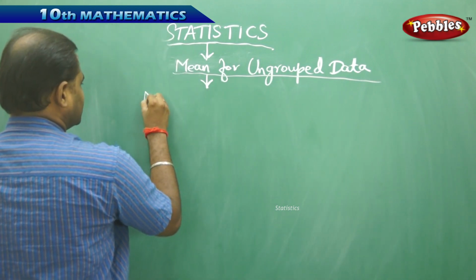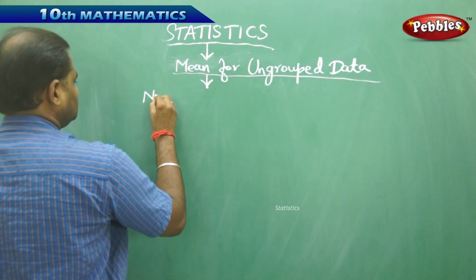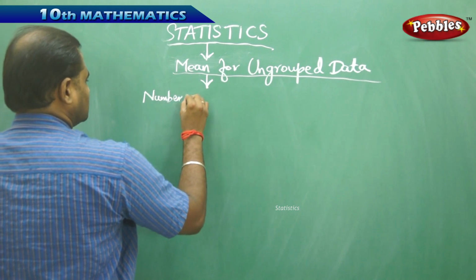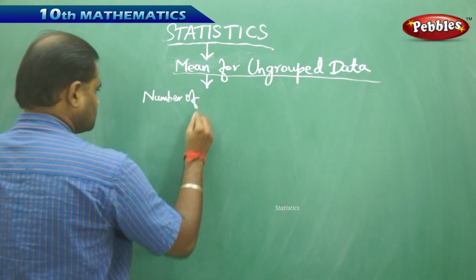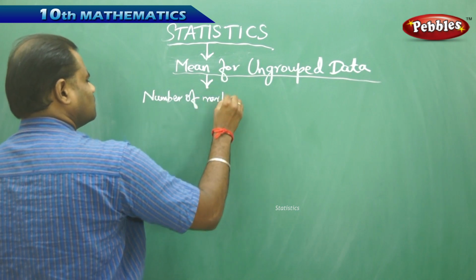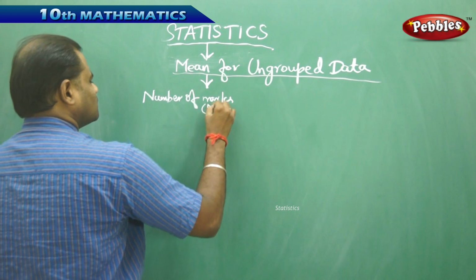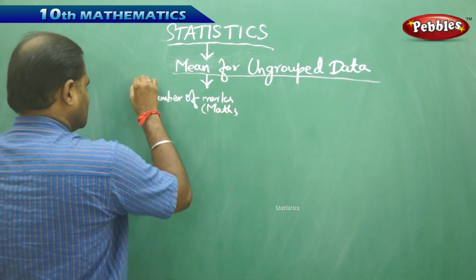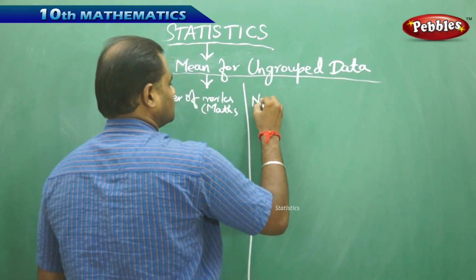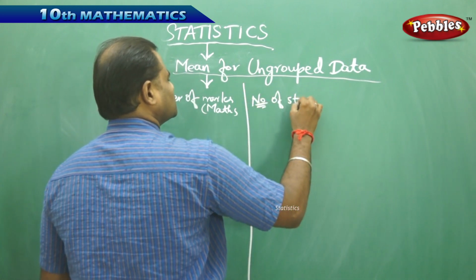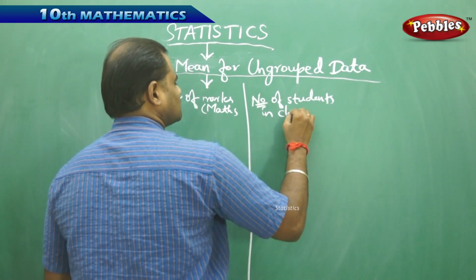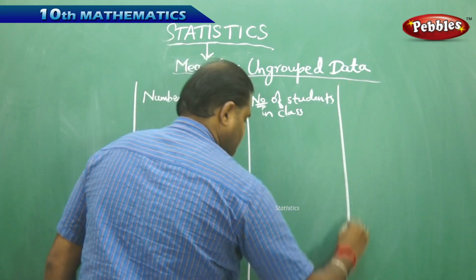So I take the data: marks in max is one column, and then number of students in class is the next column.